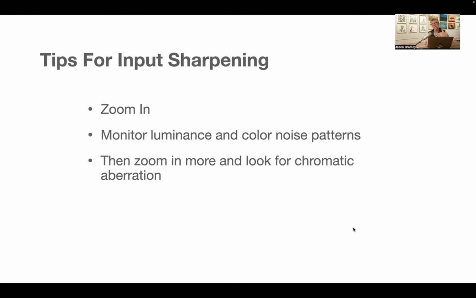But when you start getting into making medium and large size prints, that stuff is going to show up. Okay, so chromatic aberration is something I want to be paying attention to as well.